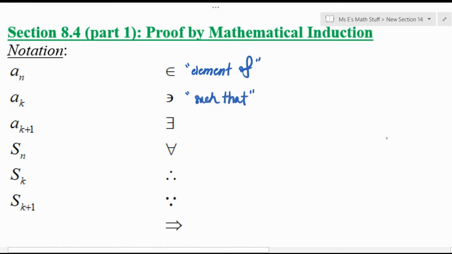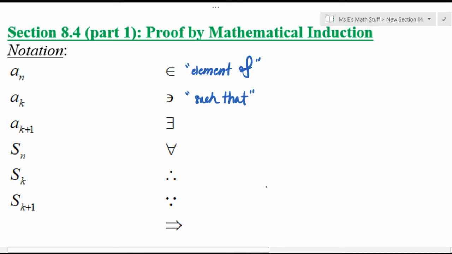Now, depending on your context, sometimes in math, you could also use a colon to mean such that, like in set notation, or just one vertical bar would also mean such that, again, in set notation. But in a paragraph proof situation, the symbol you see here would be the most appropriate.